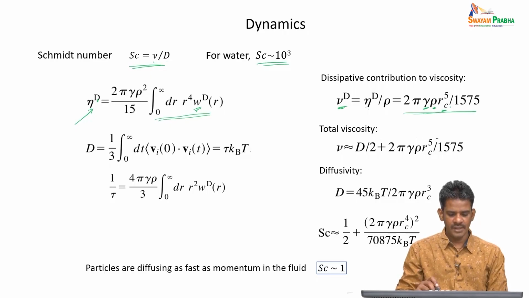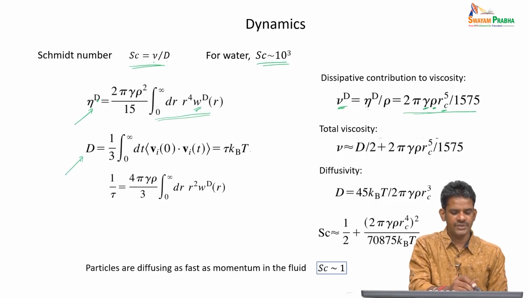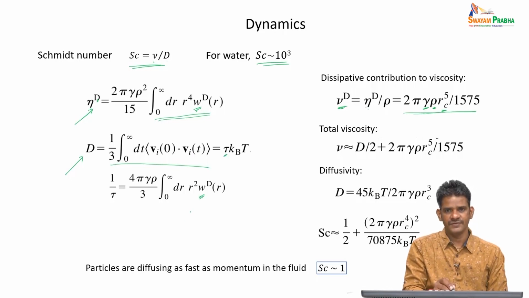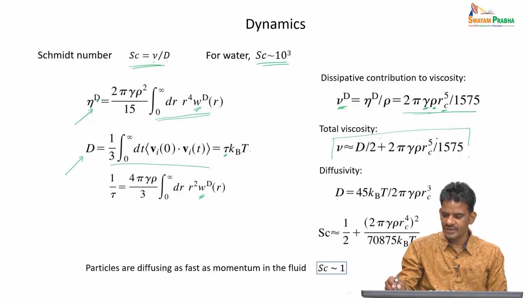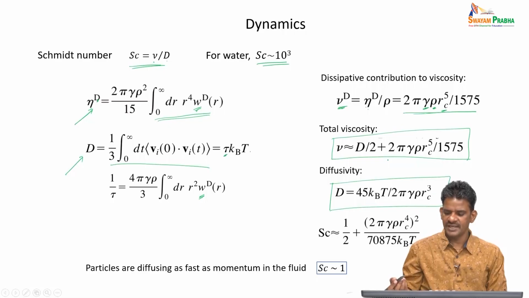Similarly, we can also calculate the diffusivity in DPD simulations using Green-Kubo relations, and in this the parameter tau is again related to omega d, the weighting function. So again we can analytically calculate the expression for D also. If you look at the total viscosity for DPD simulations as well as the total diffusivity, you can derive an expression that is a function of the parameters that we choose: in principle gamma, RC, and the system parameter like density.